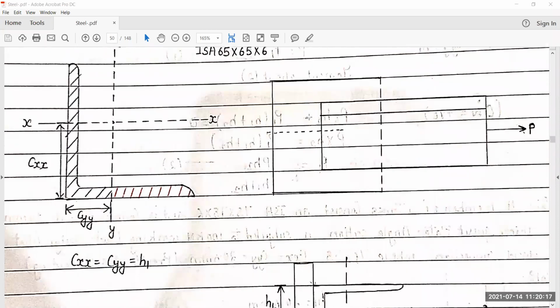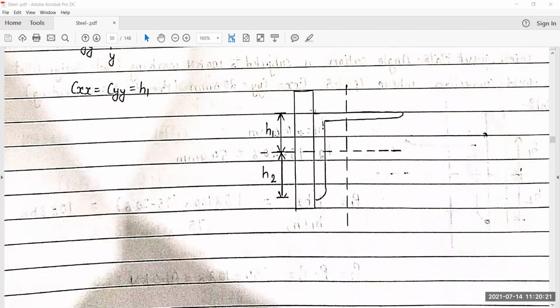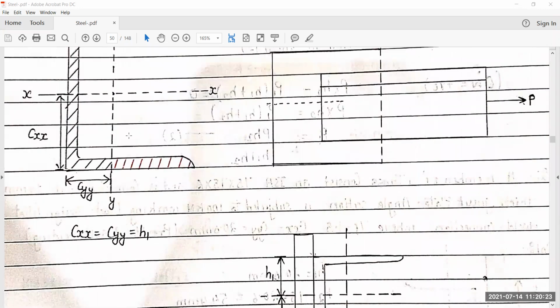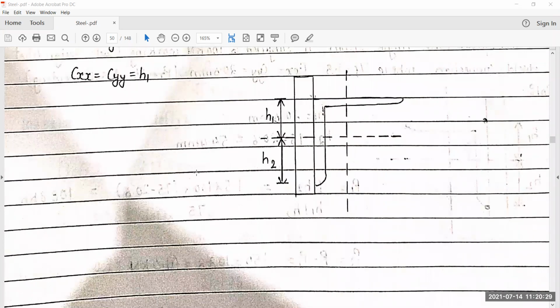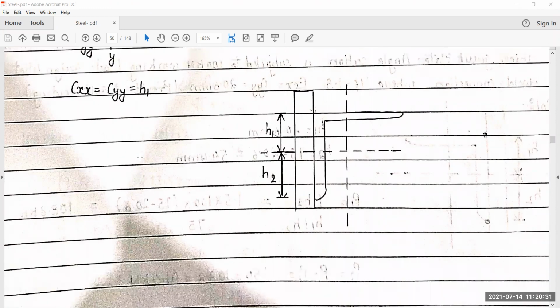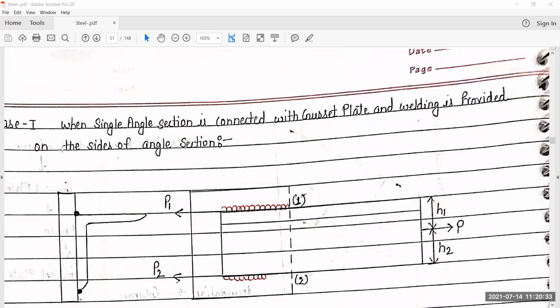Now the values are given for the plate and angle section, with Cx and Cy. Case one: take the value when a single angle section is connected with a gusset plate and welded, provided on the side of the angle section.